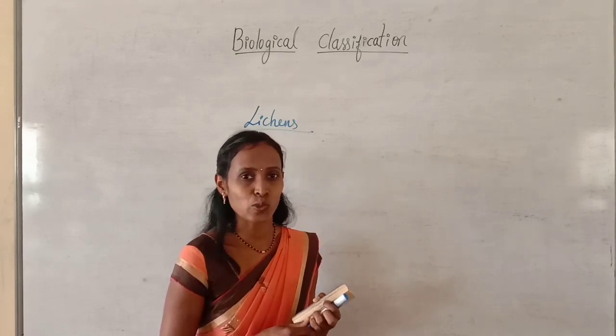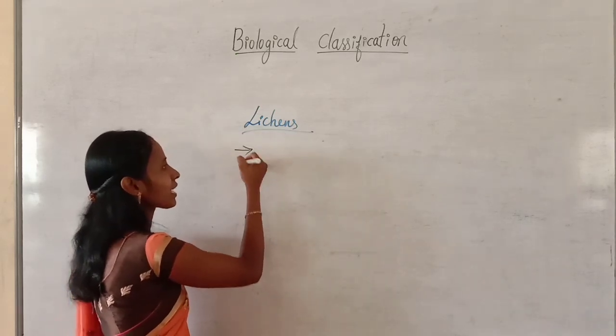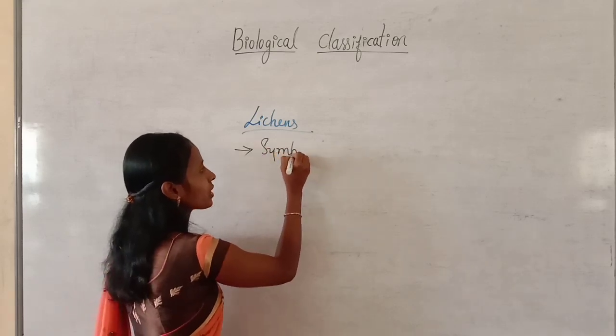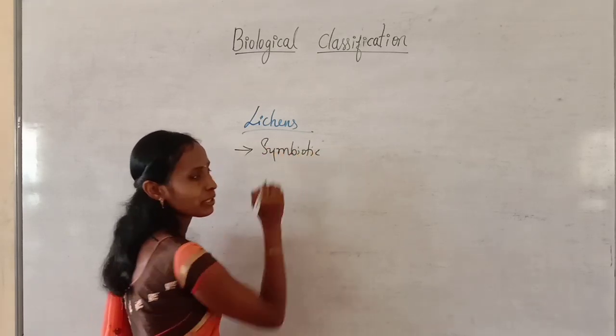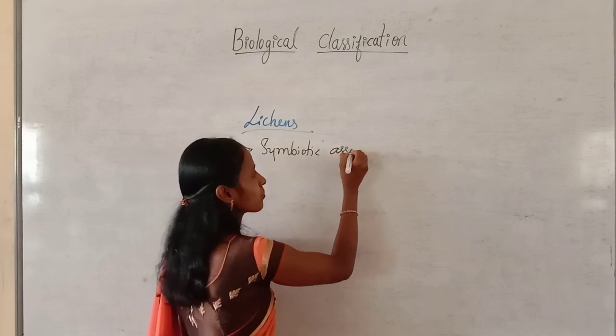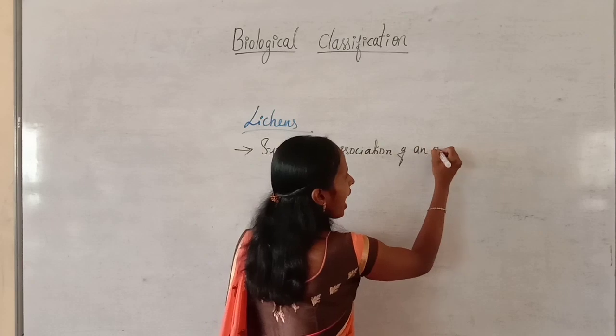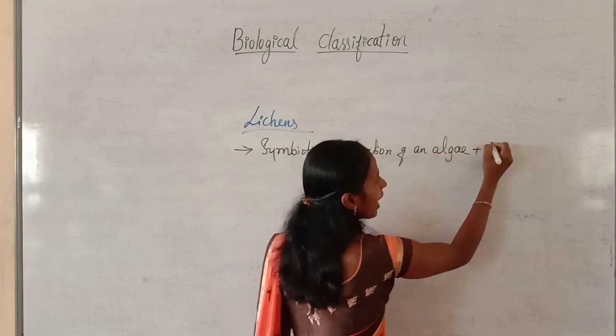Such an association is the lichens. So lichens are the symbiotic association. It is very, very important: the symbiotic association of an algae and a fungi.